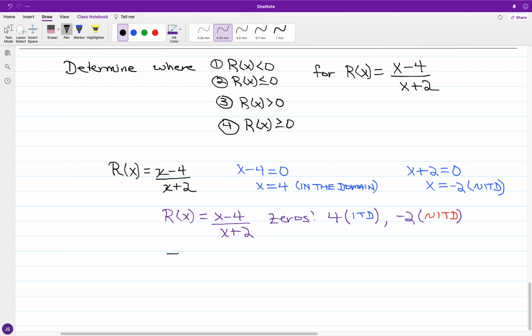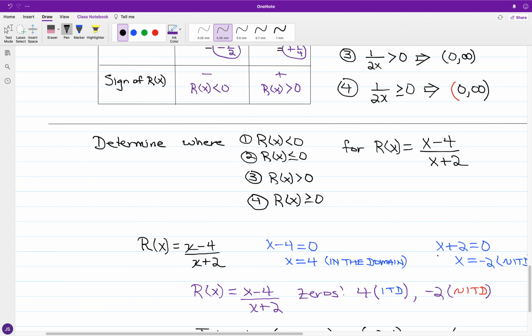So looking at our zeros, if we set up a table of intervals, starting from negative infinity, approaching the smaller of the zeros, negative 2 being the smaller, we have those values of x less than negative 2, those values of x greater than negative 2 and less than 4, and those values of x greater than 4.